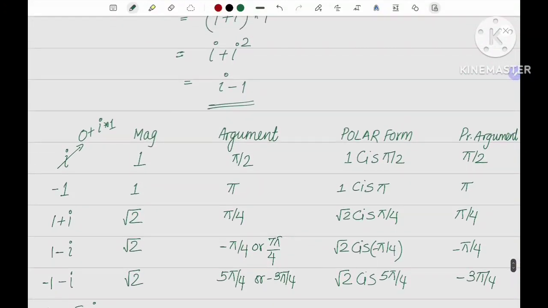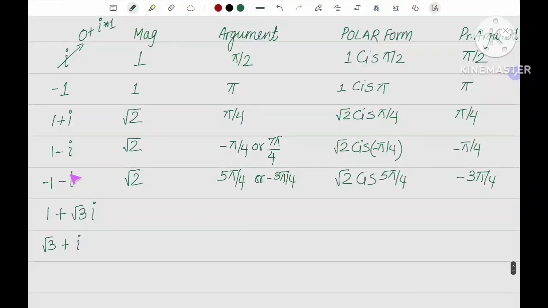These complex numbers on the left hand side I have written in Cartesian coordinate system and I have converted them into polar form.